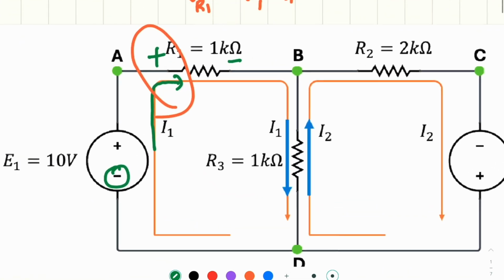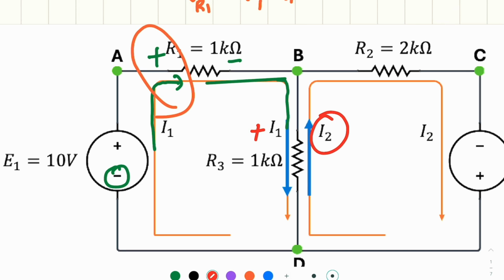Next, we look at R3. You see this mesh current I1 must pass through R3 from the high potential to the low potential. So we put positive here. So we expect this term must be positive. However, you see on the other side, we have I2. I2 is flowing opposite to I1.